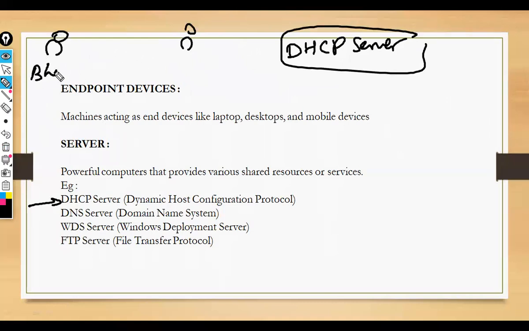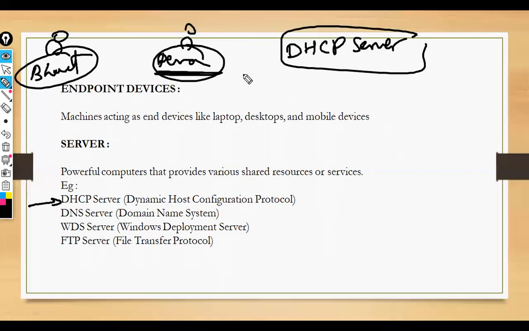Myself, I'm Bharat, and suppose we have Deva here. If I want to tell something to Deva, I'll call him, hello Deva, and talk to him. So with a name we can address him.